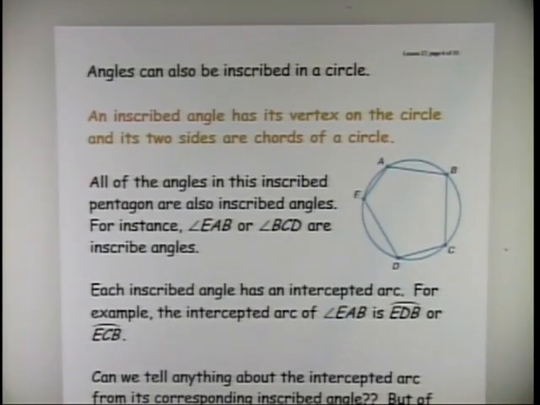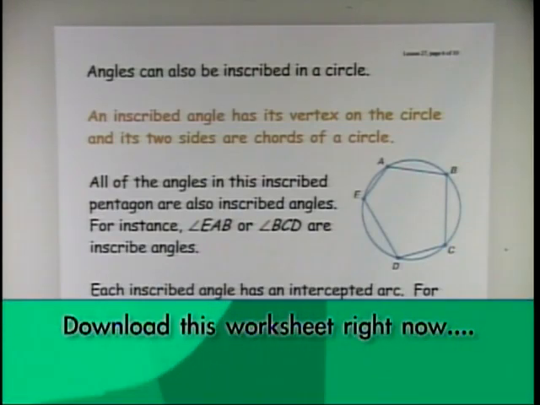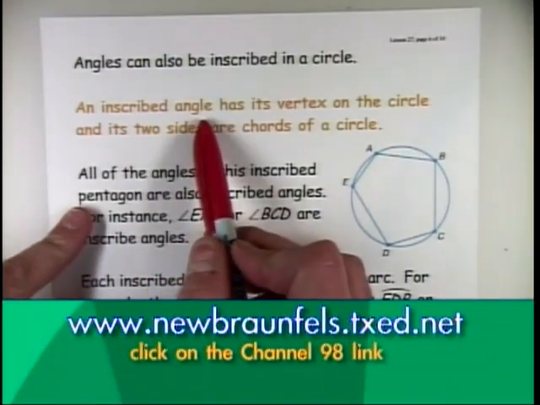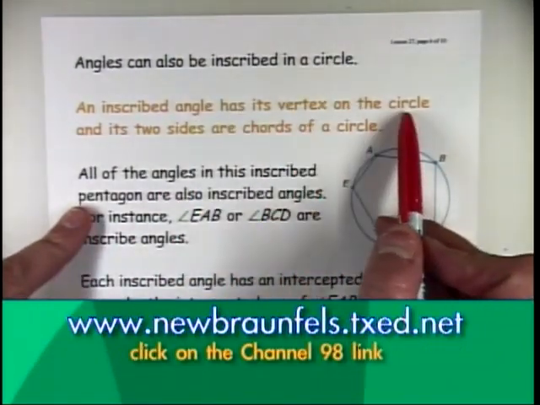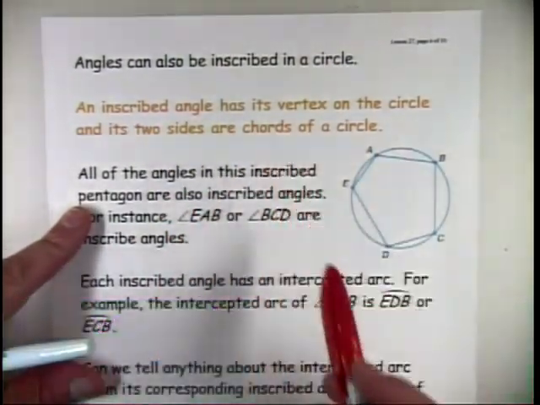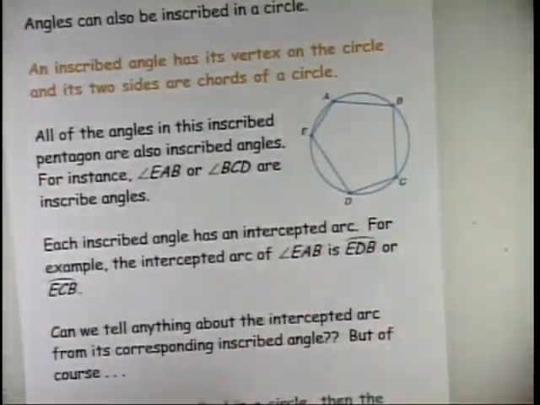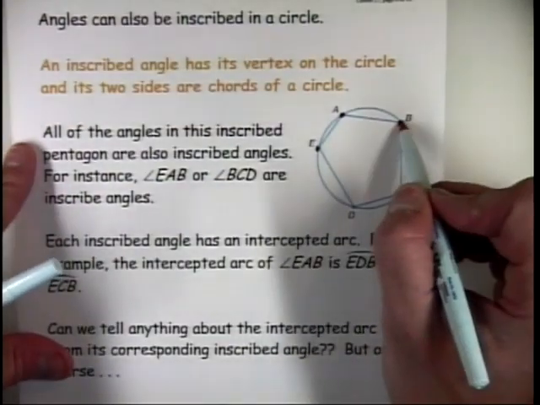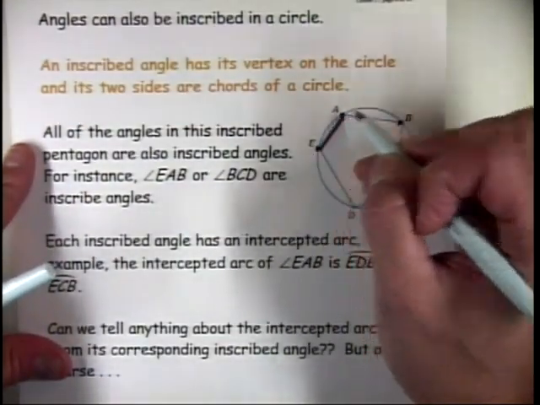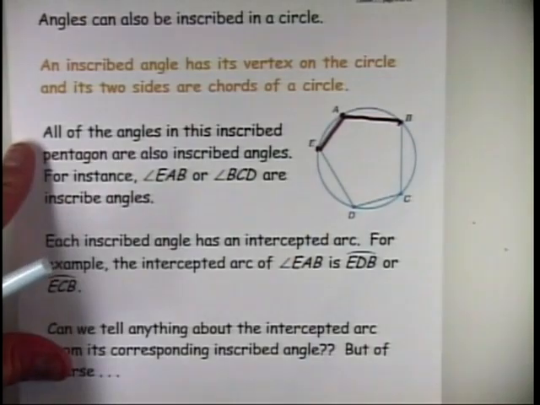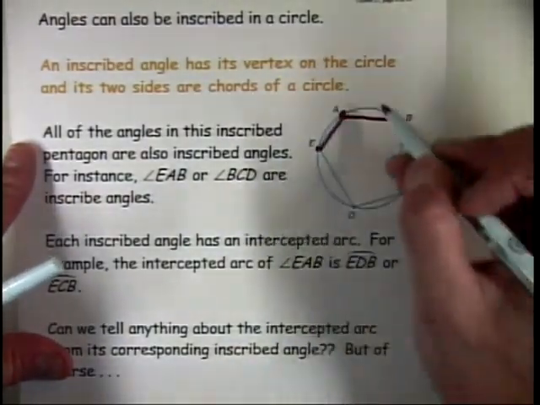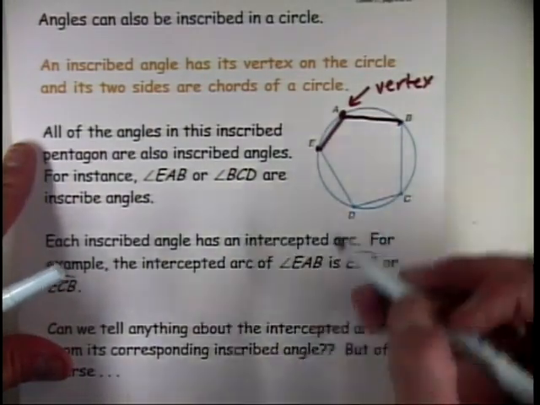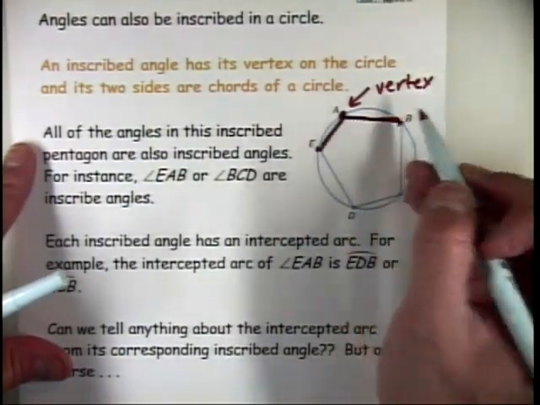All right, not only can we inscribe polygons into a circle, but we can also inscribe angles. So here's the definition. An inscribed angle has its vertex on the circle, and the 2 sides are chords of a circle. So in an inscribed polygon, we have the vertices on the circle, and if we just look at the polygon itself and take one of the angles that forms the polygon, we have the vertex of the angle on the circle itself, and then the 2 sides of the angle form chords.